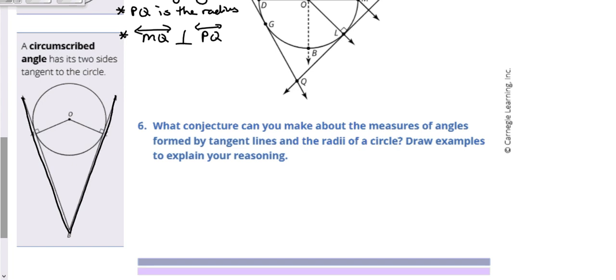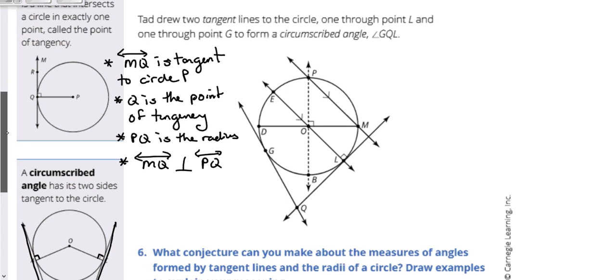Notice how at the points of tangency you have 90 degrees, which starts building in a lot of information about quadrilaterals that we're going to deal with next week.